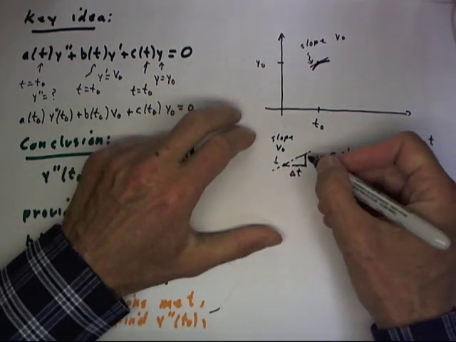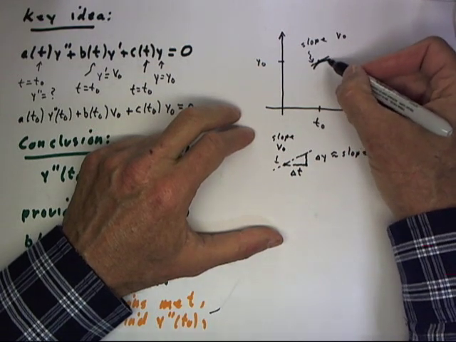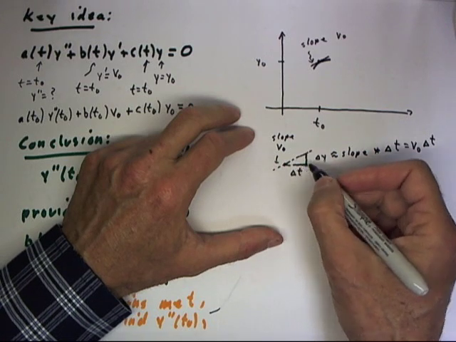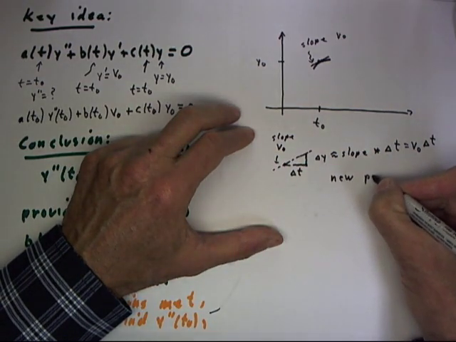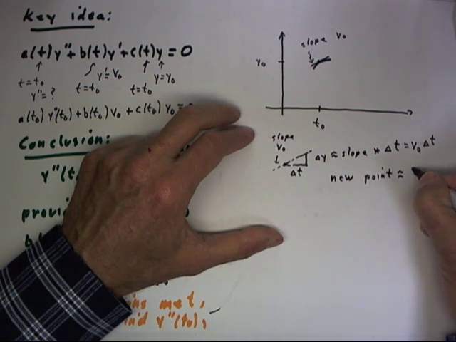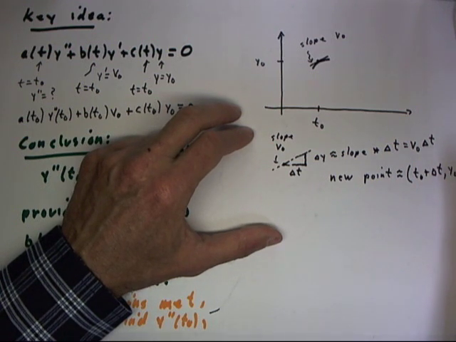So if delta t is small enough, the curvature is not going to have changed the slope very much, and we can say that we have a new point which is approximately t naught plus delta t, y naught plus v naught delta t.